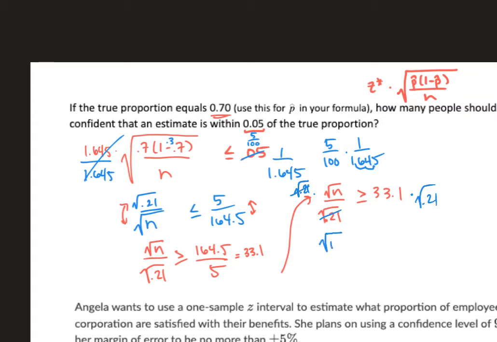So we're left with the square root of n is greater than or equal to 33.1 times the square root of 0.21, which is about 15.168. Lastly, to get rid of that square root, we square both sides. So we get n is greater than or equal to 230.07. For sample size, we always round up, which means we need a sample of 231.